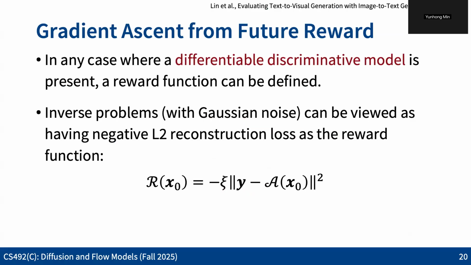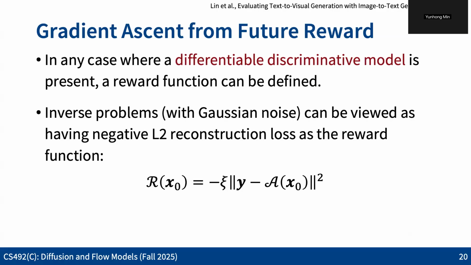And also, the inverse problem cases that we saw last time are a special case of having such a reward function, because we can always define our reward function like this: the minus of the L2 loss. As the L2 loss gets small, the reward function increases, and when the L2 loss is high, the reward function decreases. So all the inverse problem cases can be considered as special cases of making a reward function.